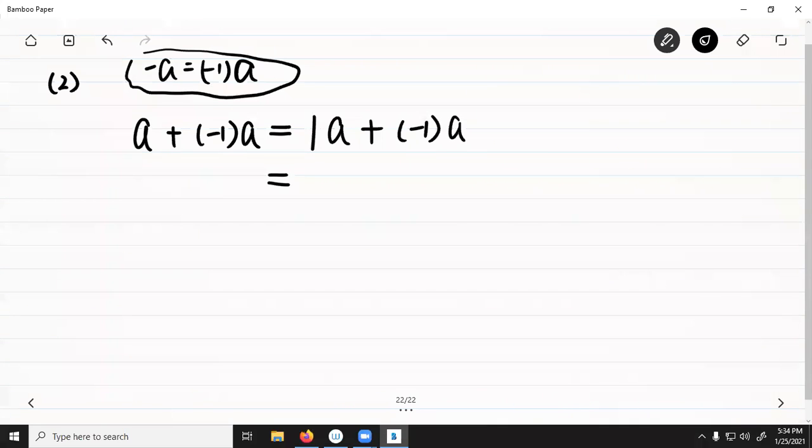It's equal to A times the quantity 1 plus negative 1, taking the common factor. This is the distribution axiom we have.